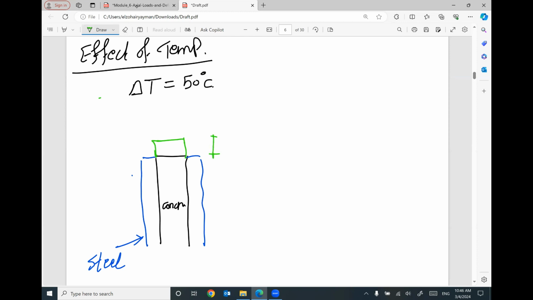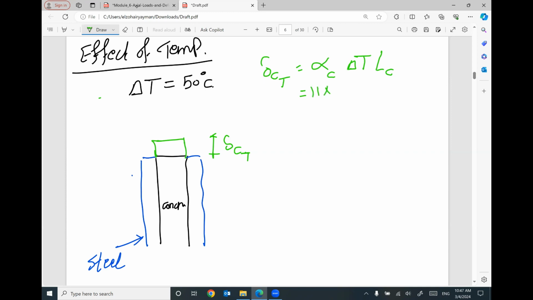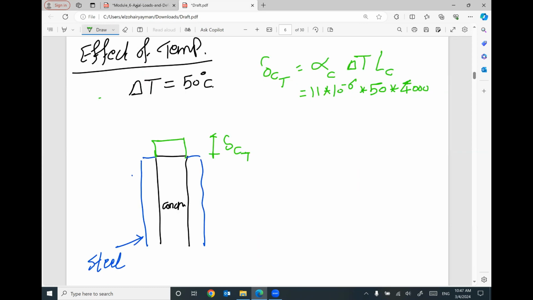This expansion for concrete due to temperature equals alpha for concrete, change of temperature delta T, times length of concrete. For concrete, the alpha is given 11 times 10 to the power negative 6. Change of temperature is given 50. The length of concrete equals 4,000 millimeter, the length of the composite column.